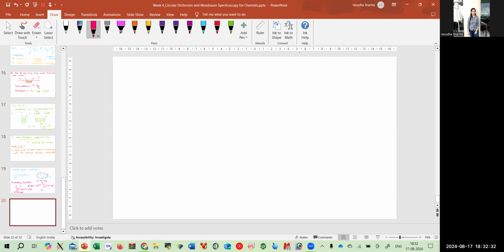Say for example, we have this graph where we have on the y-axis the epsilon value, and here it is at mu1, one wave number, and mu2. So the first that we have is this one, and the second is this one.